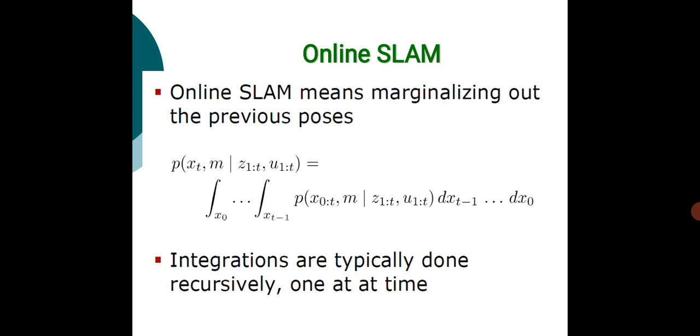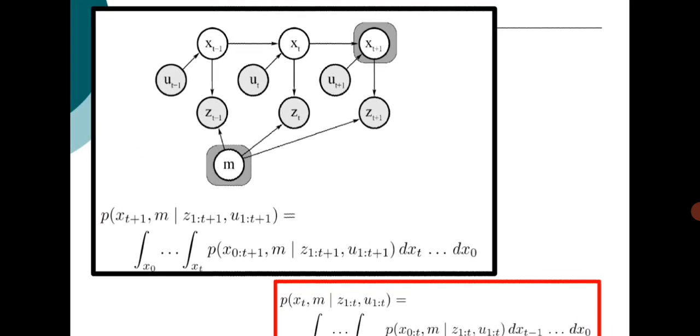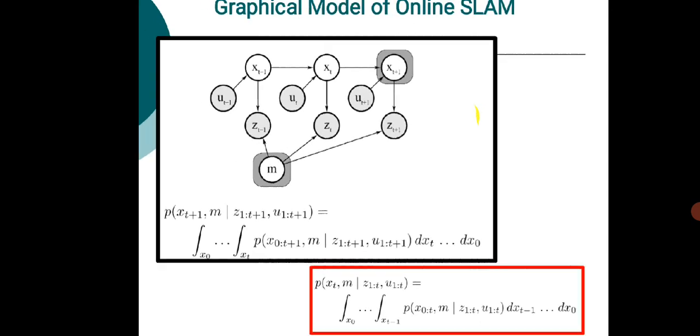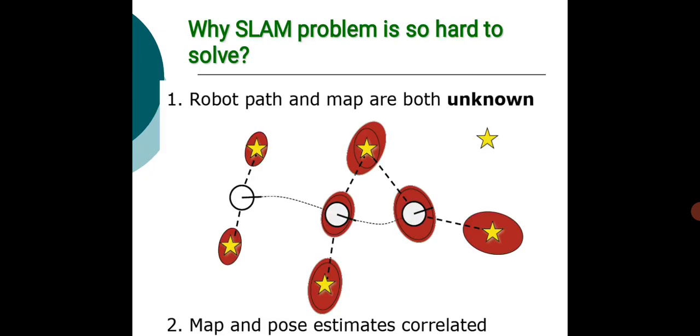Normally we use integrations, typically one at a time. This represents a graphical model of online SLAM, where it is represented from xt to xt plus 1. Similarly, for the controls and observations, you take t plus 1 for z as well as for u.